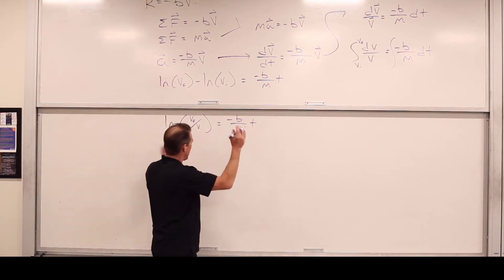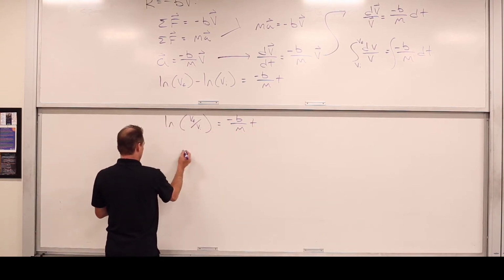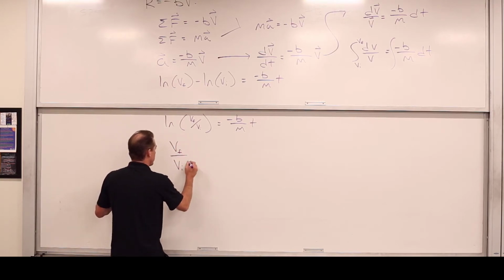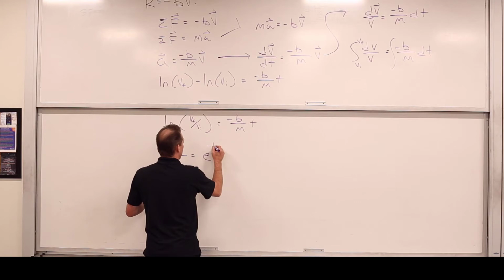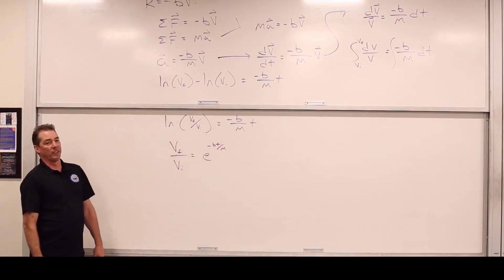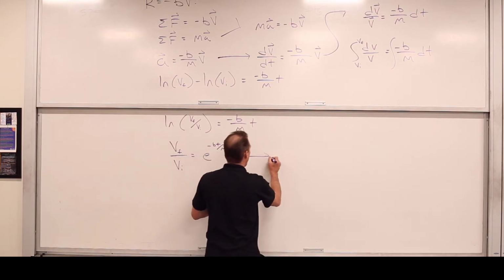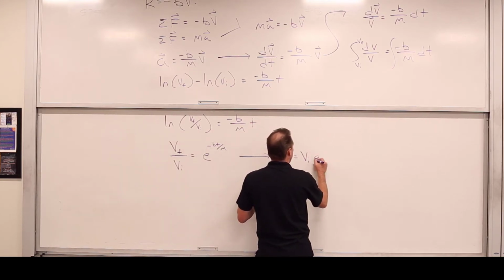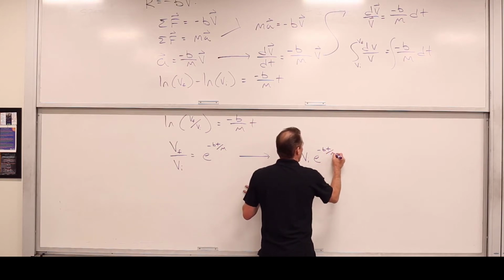So we can take the exponential of both sides and get ourselves that v final divided by v initial is equal to e to the negative bt over m. Solve this out for v final. V final is then equal to v initial times e to the negative bt over m.